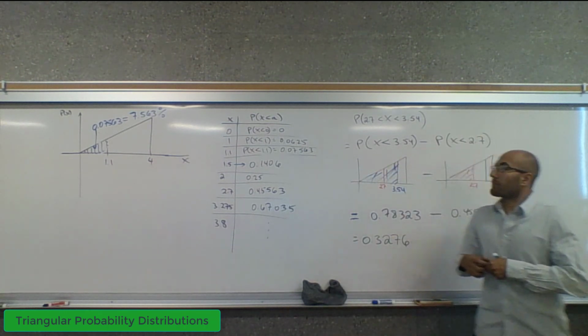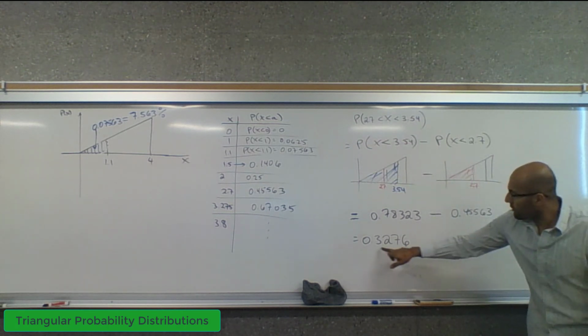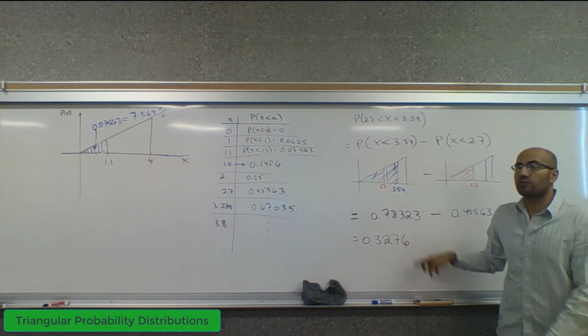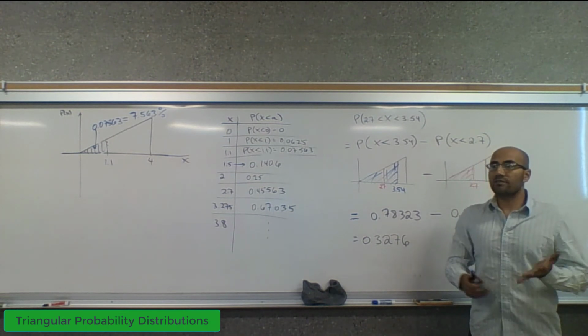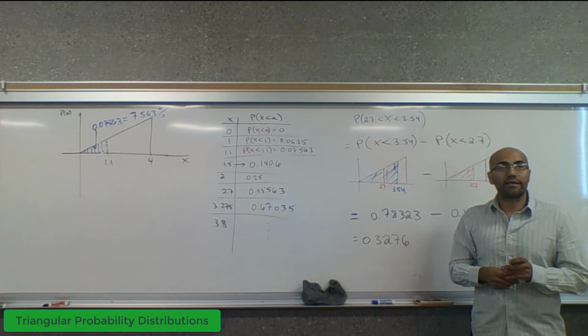So there we go. The probability that x lands between 2.7 and 3.54 is equal to 0.3276. You got an answer, and you didn't even have to do any arithmetic or any algebra or anything like that.